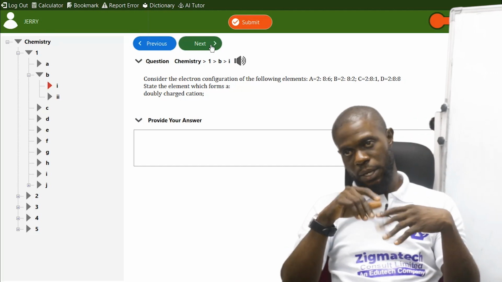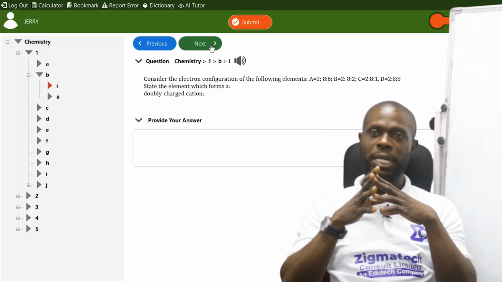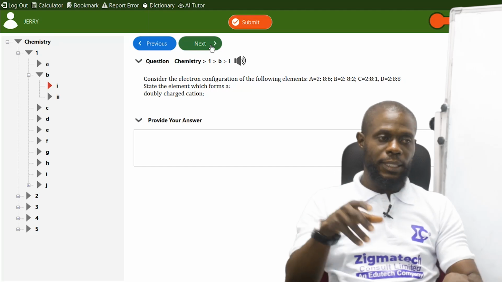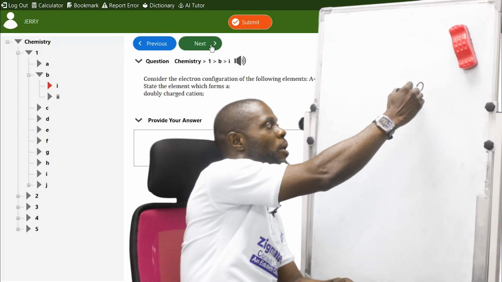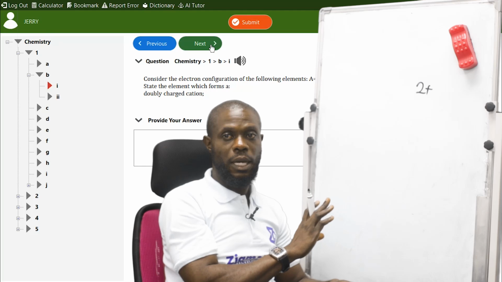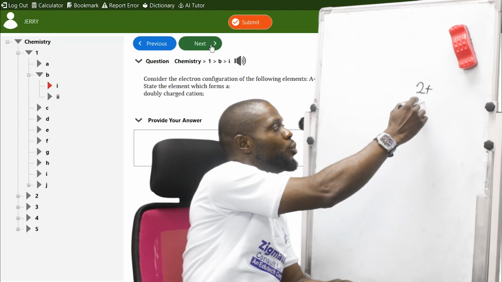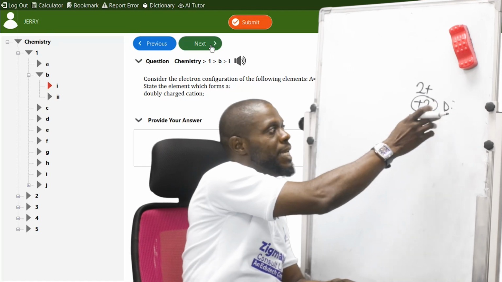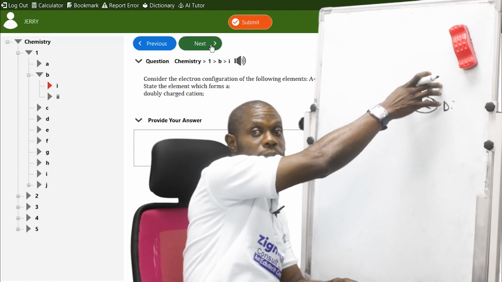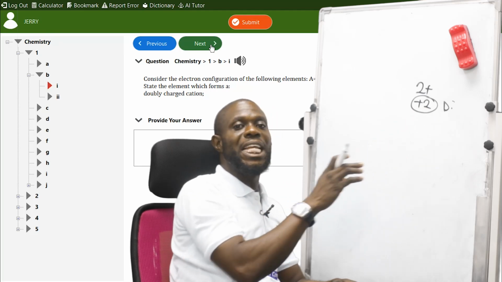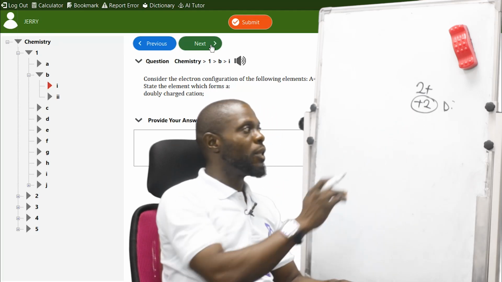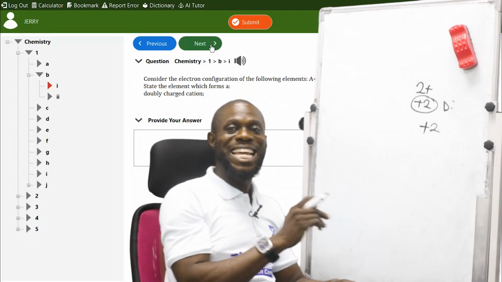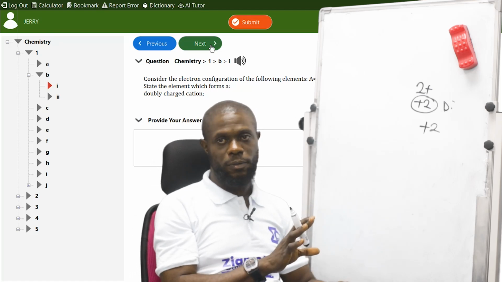A double charge cation means a 2 plus cation. If you see 2 plus, it means a dication, the same thing as a double charge cation. In the identification of ions, we write plus 2 to identify the ion.